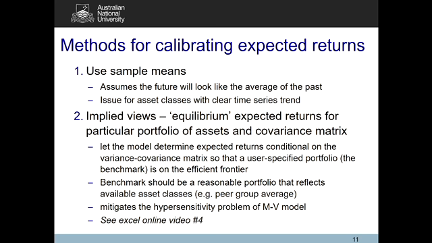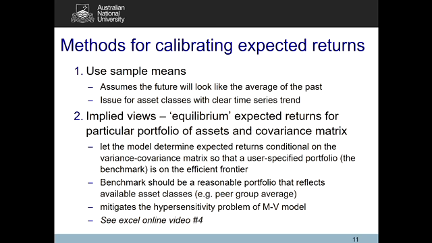Because what you're doing is you're making sure that the return of every asset class aligns with the risk in relation to a portfolio that's sitting on the efficient frontier. So if you do optimization on returns that are adjusted using implied views, you're going to get a very sensible allocation compared to something like sample means, right?